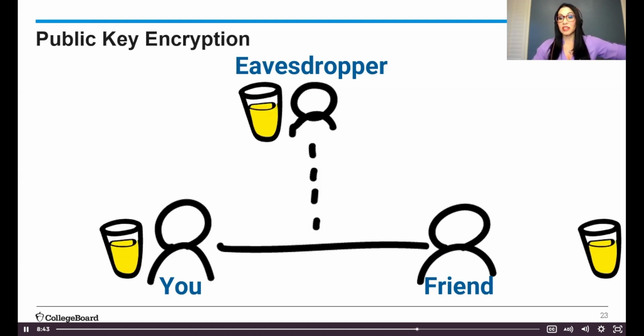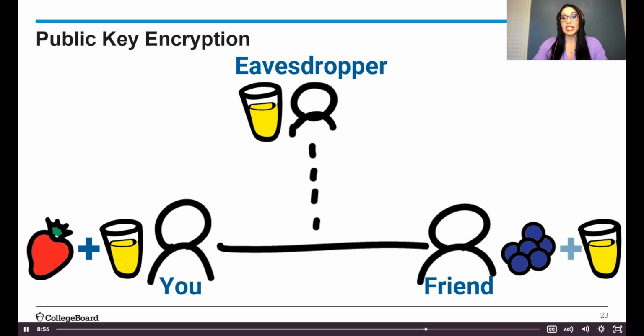Next, you both choose a random different private fruit to mix into your public banana smoothie in order to disguise your private fruit. Say you choose strawberry and your friend chooses blueberry. Neither of you tells the other what private fruit you chose.